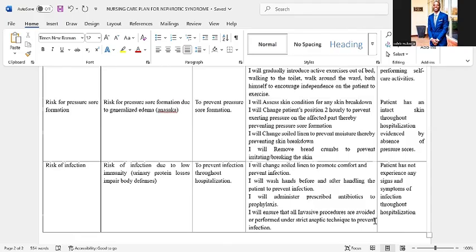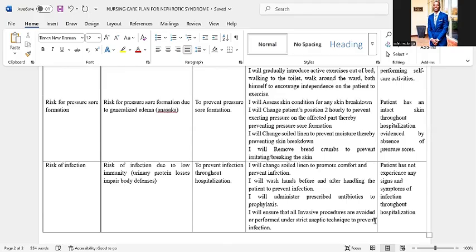But you can also put risk of impaired skin integrity. So why is this patient's skin at risk of breaking down? It is because of the generalized edema. Because of the edema, you find that the skin can easily break. So our problem is risk of pressure sore formation.